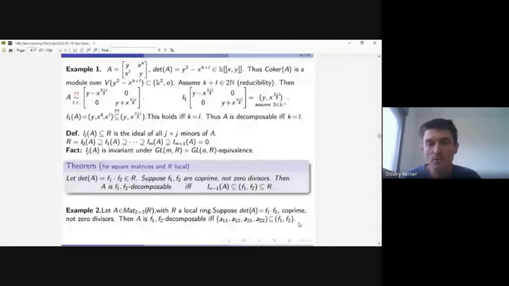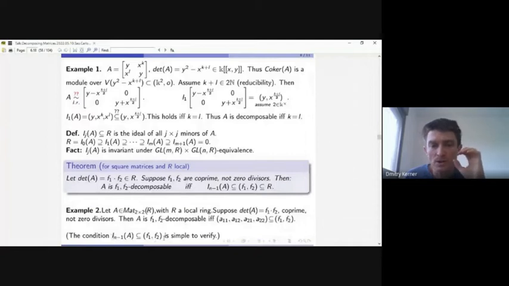Once again, a very simple criterion. In general, this condition is relatively simple to verify, both theoretically and computationally. Usually it is much simpler than checking that you can somehow block-diagonalize the matrix.